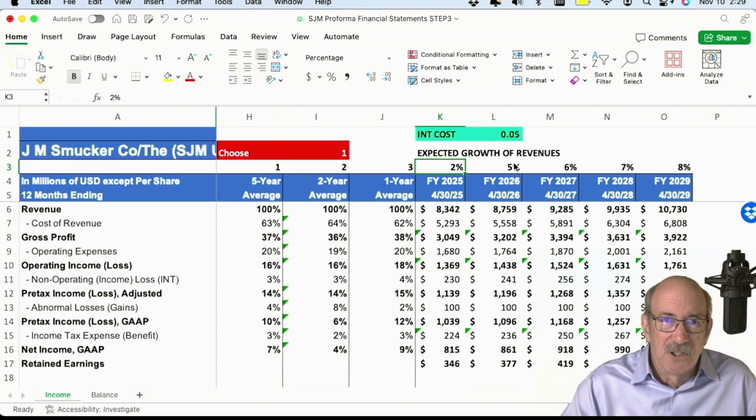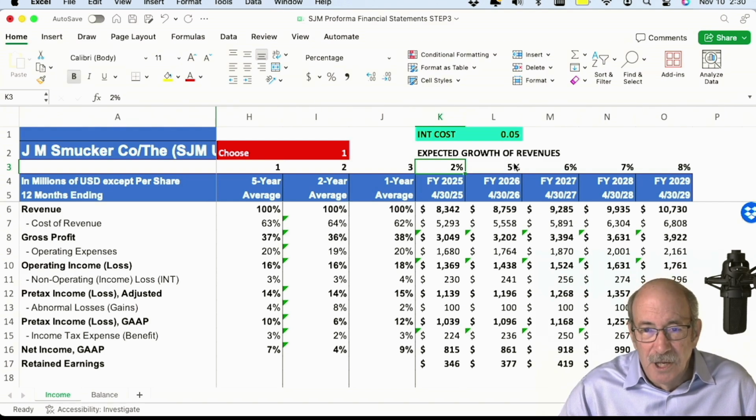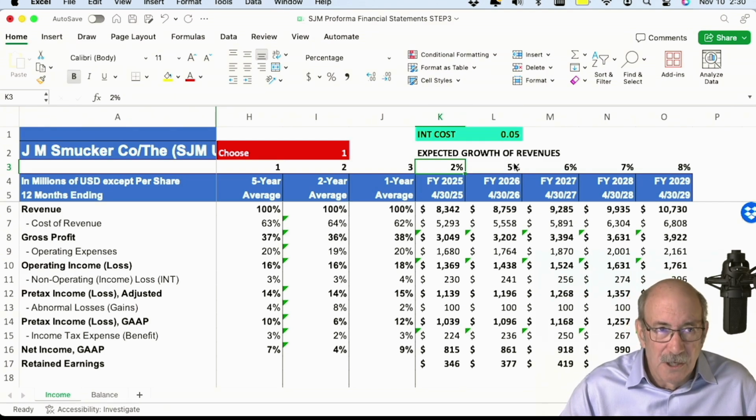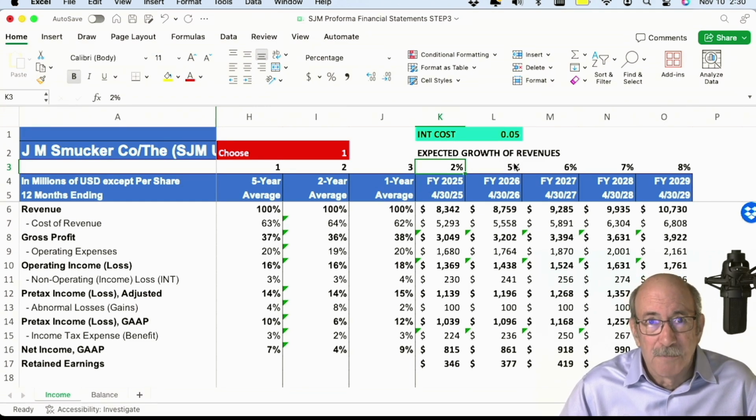When I build a spreadsheet, though, I like to build it so that I can very easily adapt it to another situation. I might use this same spreadsheet for another company. And now maybe Smucker, you all are just going to come up with one growth rate. Maybe two, depends on what you think about the company. Maybe you think there's going to be slow growth for the first few years and it'll speed up, or vice versa. That's totally up to you.